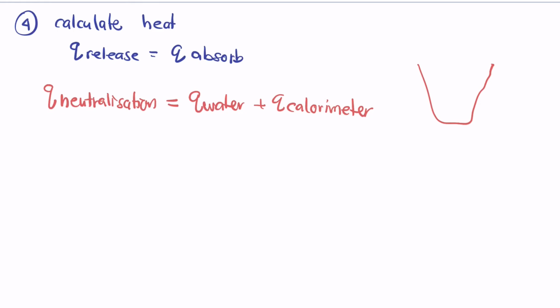Next, the fourth step is to calculate the heat. The concept is heat released equals heat absorbed. So where does the heat release come from? Heat is released from the neutralization. Neutralization means that when you add acid and base, you get a mixture of salt and water. When they mix, they will release heat. And the heat released from the neutralization will be absorbed by water.